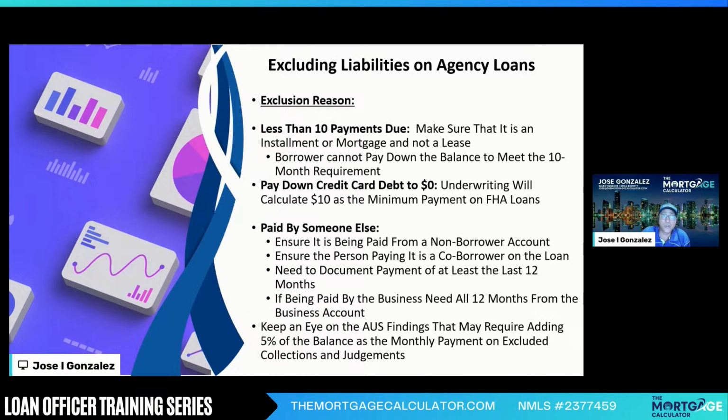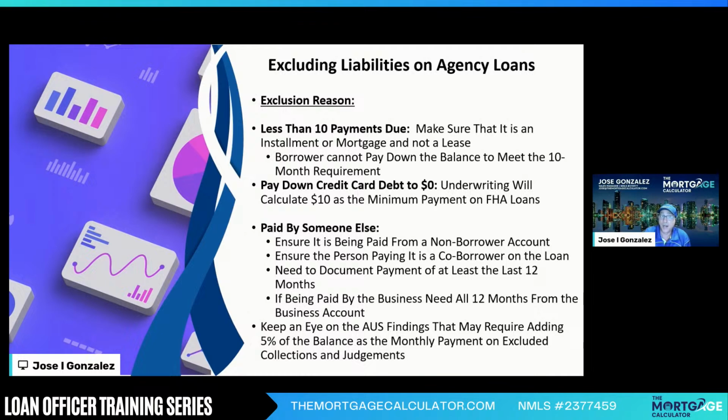Now, another exclusion reason is paying down the credit card debt to zero. You don't always have to pay it to zero because, team, remember we're talking credit scores now, which is different. But if you're looking at just a payment being affected and not credit score, and this is not a rescore, then if you pay down to zero on an FHA loan, for example, the underwriter will calculate $10 as the minimum payment.